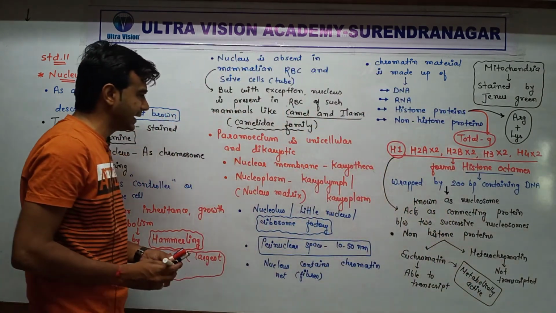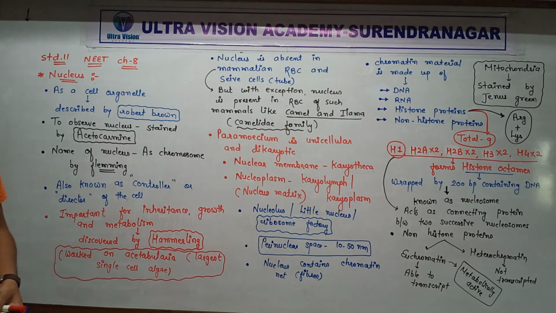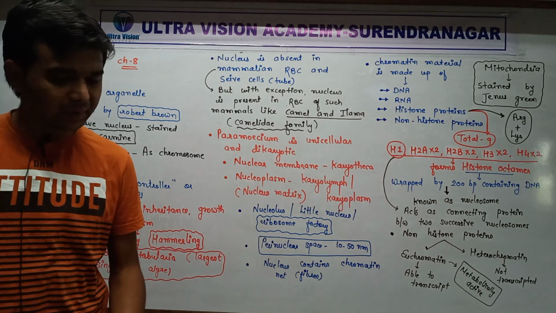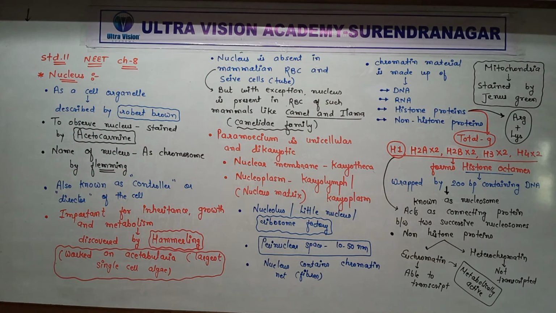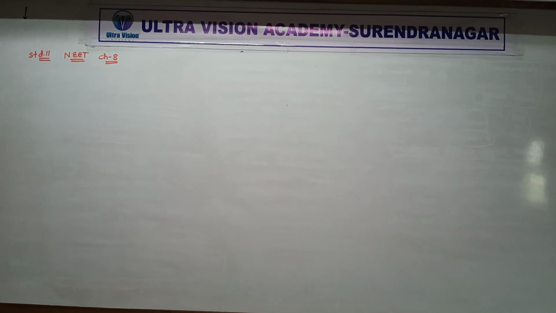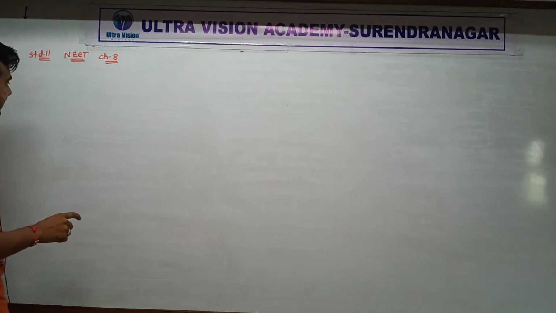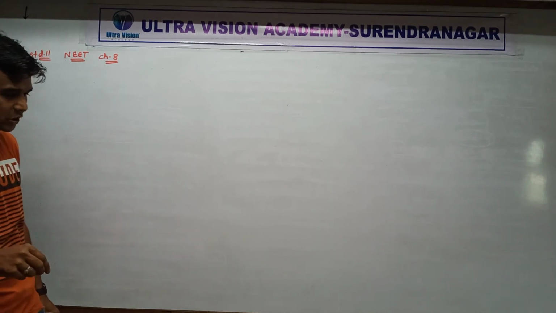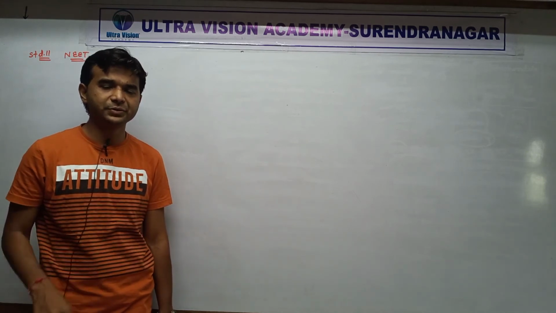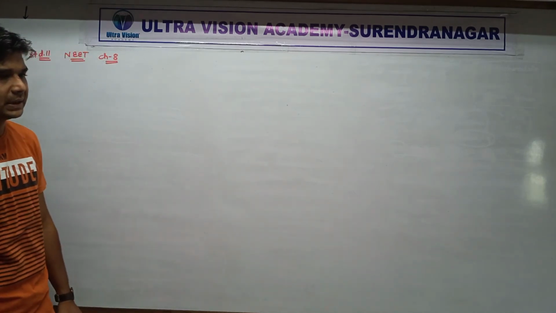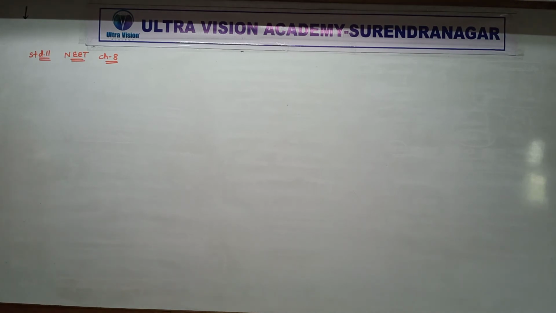Euchromatin is metabolically active and it is able to transcript, means DNA is converted into RNA, but heterochromatin is metabolically less active, which is not transcripted at all. Euchromatin is able to form mRNA, and then mRNA is converted into protein, and later on that protein performs a particular function.